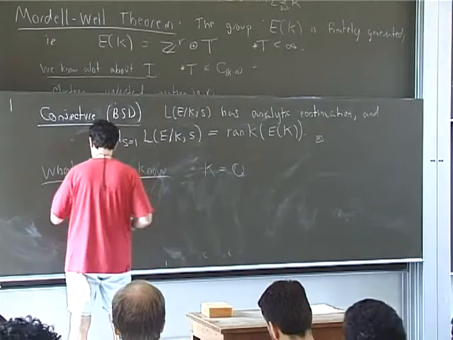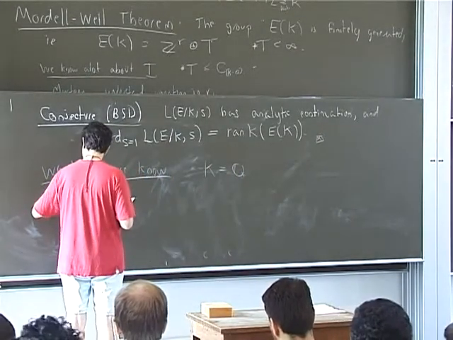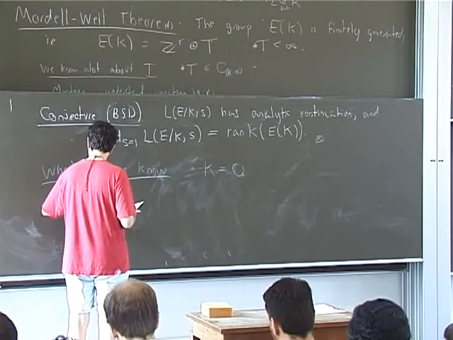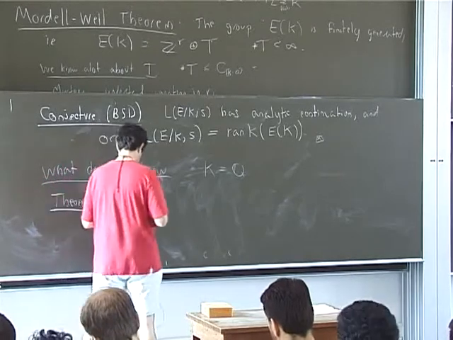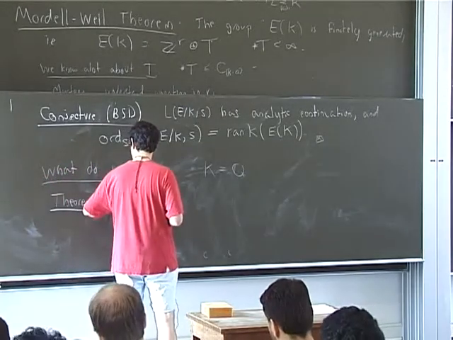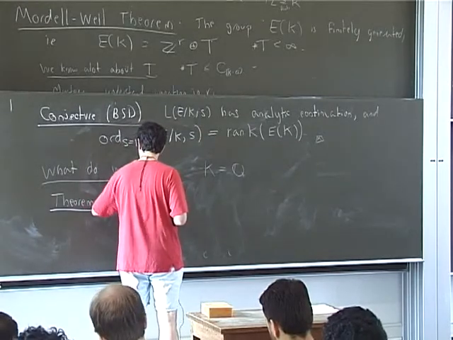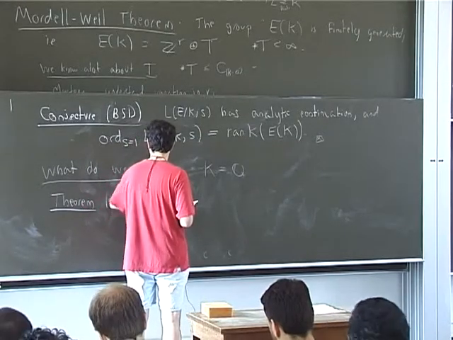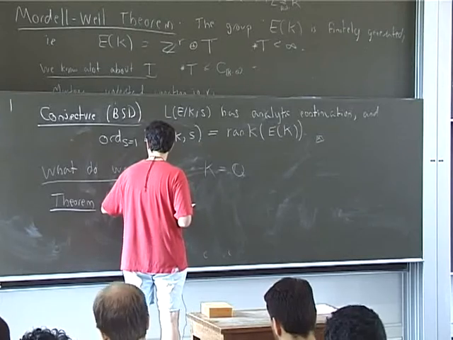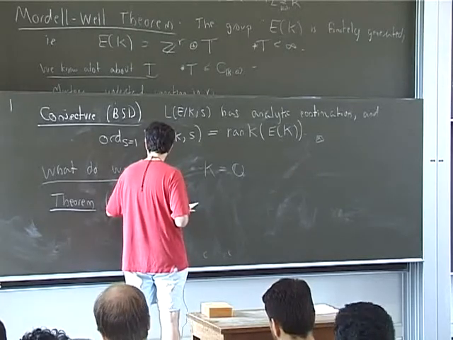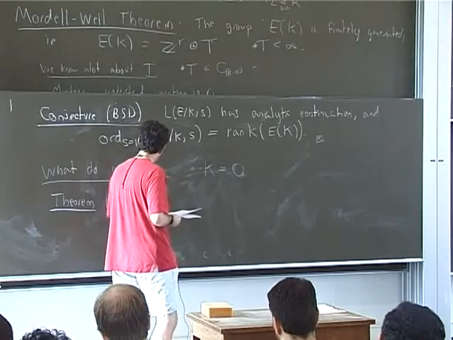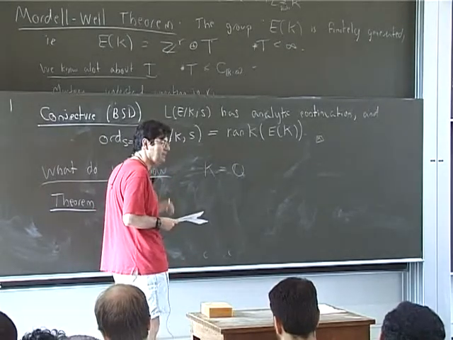But the first theorem is the one that we saw last Friday. Theorem of Wiles and a number of other people. The last result in this direction, which finished this line of inquiry, was a result of Breuil, Conrad, Diamond, Taylor.